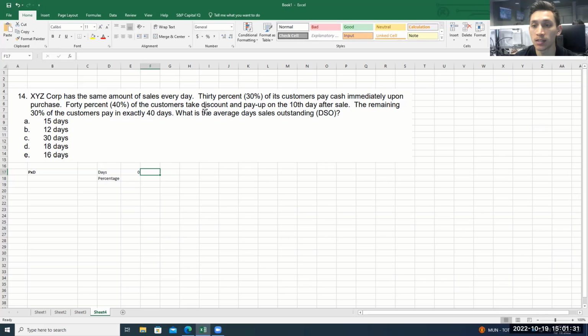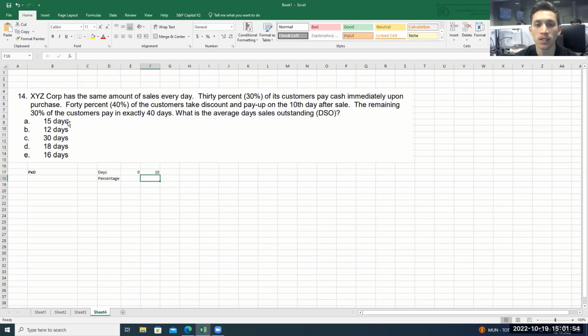40% of the customers take a discount and pay on the 10th day after sales. 10 days we have to wait to get that payment from 40% of customers. It does tell us that they take a discount, but we don't have to take that into consideration. We aren't given any number or any rate, nothing like that.